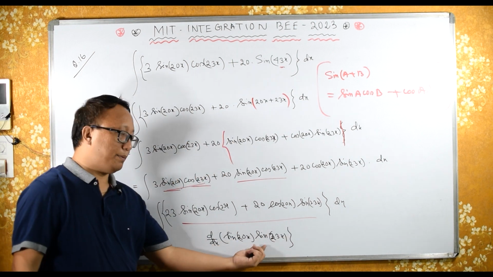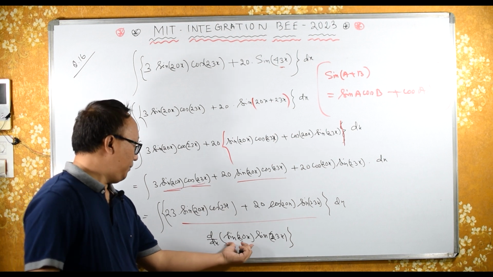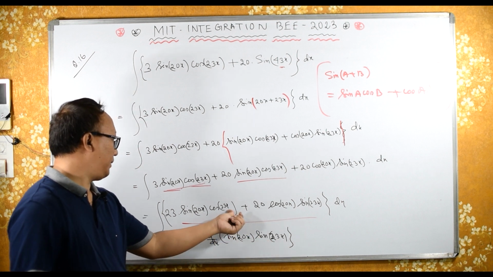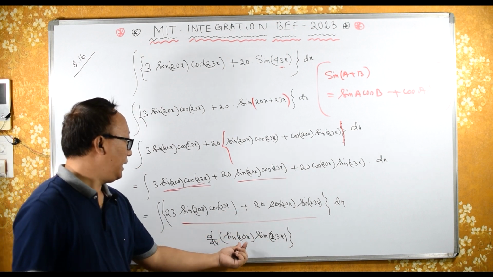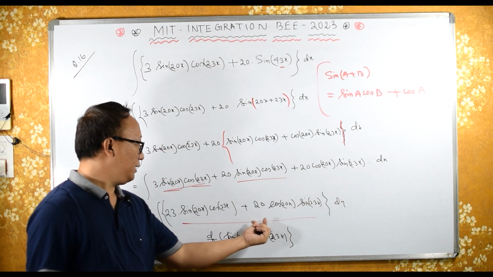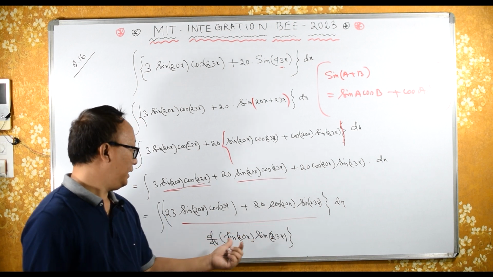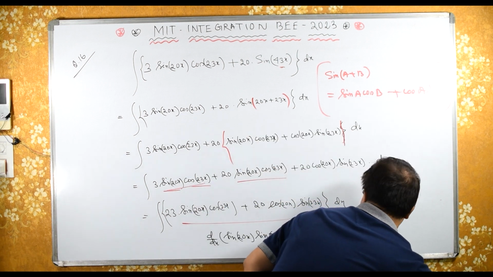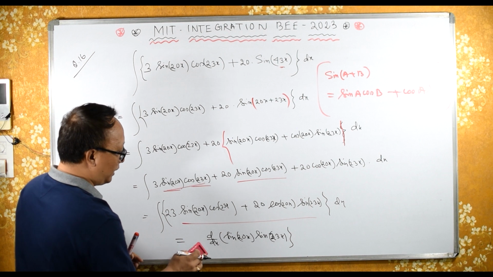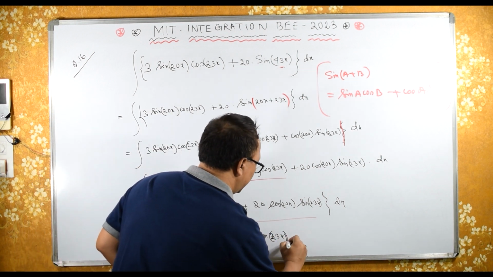Let's apply the product rule. Keep sin 23x as it is, differentiation of sin 23x is cos 23x into d by dx of 23x, which is 23. And keep sin 20x as it is, differentiation of sin 20x is cos 20x into d by dx of 20x, which is 20. Therefore, the whole thing becomes the differentiation of this. Therefore, integration and differentiation get cancelled, and that is plus c.